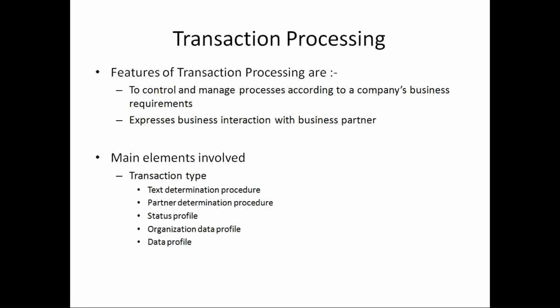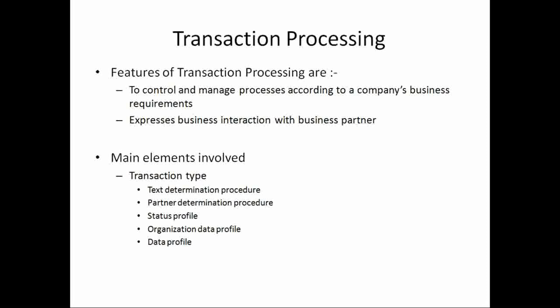For example, opportunity will serve a different purpose, sales contract will serve a different purpose, sales agreement will serve a different purpose, service order is a different scenario. So these different transactions can be differentiated only by using this transaction type.